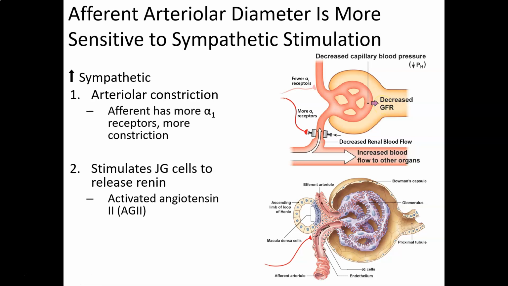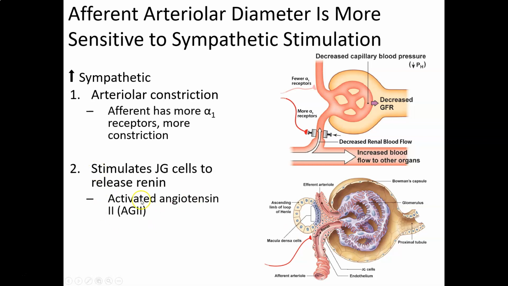At the same time, the sympathetic system directly goes to the JG cells, remember the juxtaglomerular cells, and they release renin directly into the bloodstream. And renin, we'll see in a little while, activates a hormone called angiotensin, eventually to angiotensin 2, but it's the first step in activating what they call proangiotensin to angiotensin 1.